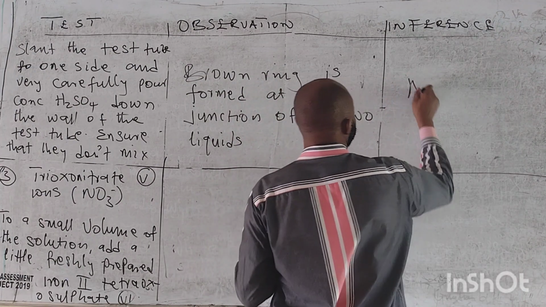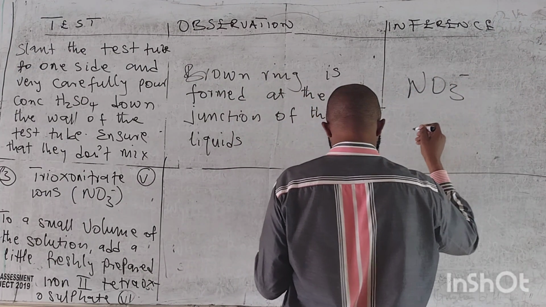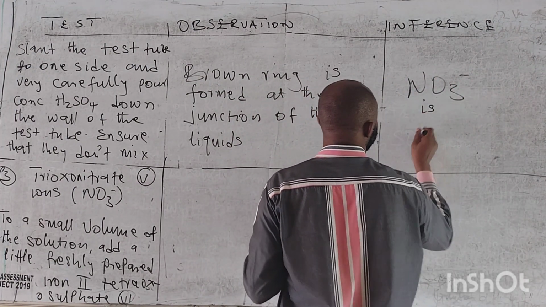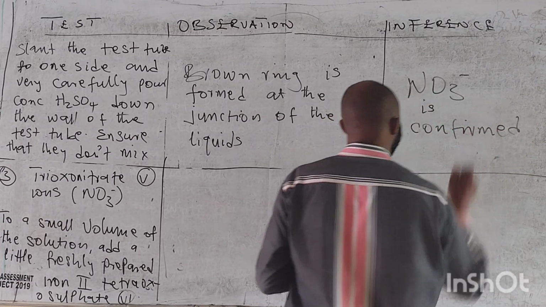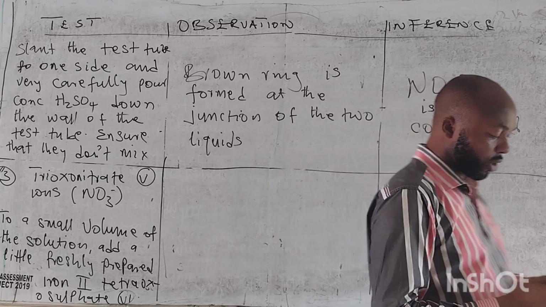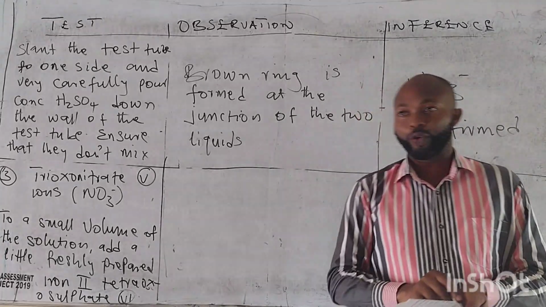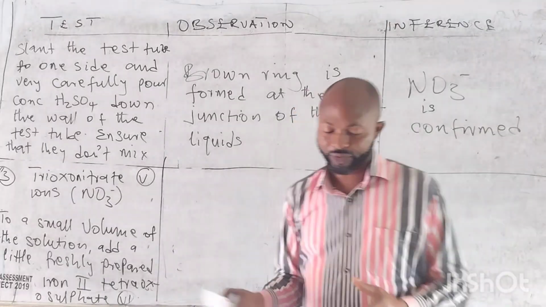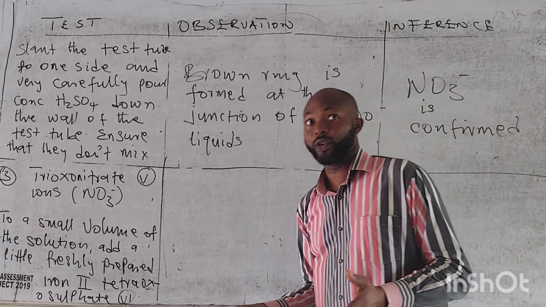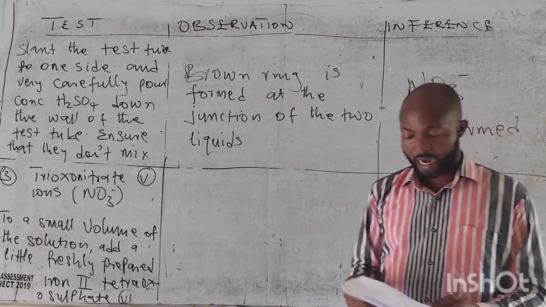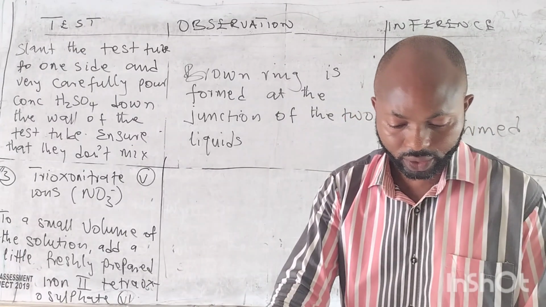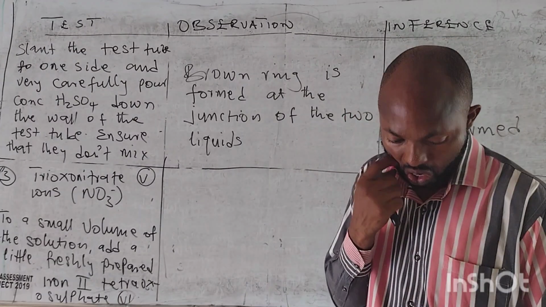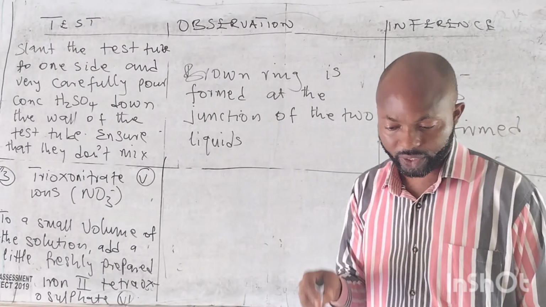The inference: NO3- is confirmed. So that's the test for NO3. We've experimented the test for SO4, SO3, and now NO3. There are other ones which we're going to run as time goes on. Let's see what we can do.